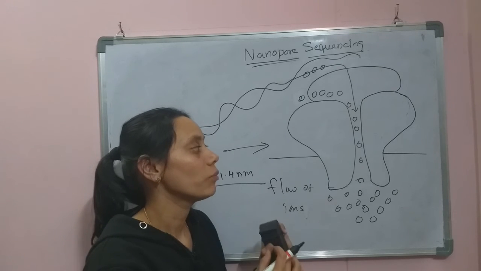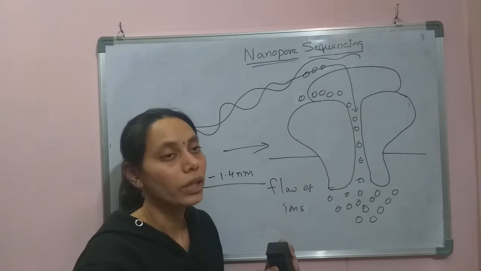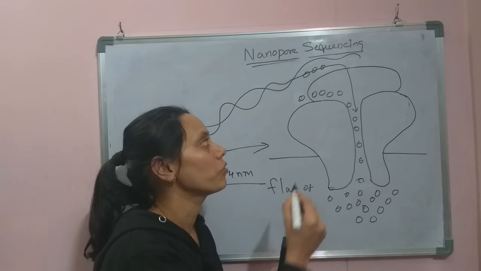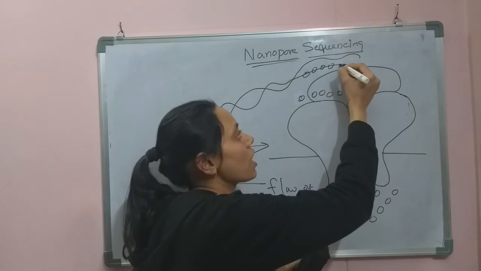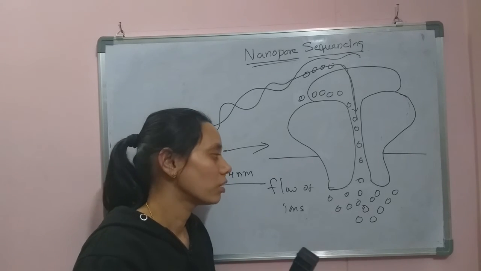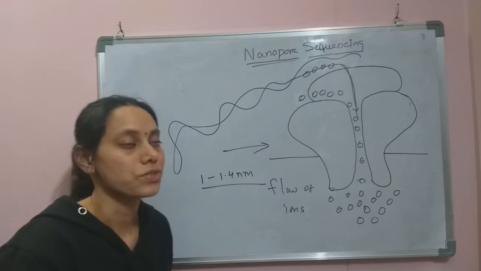That electrical disturbance will be monitored by the detector system. Depending upon the type of nucleotide passing through the membrane, the ionic current change will be different, and that will be measured by the detector system.